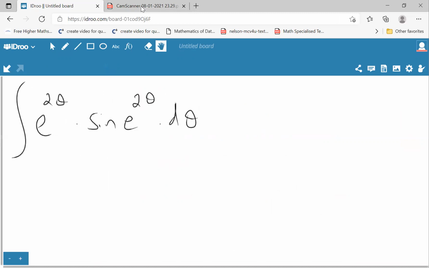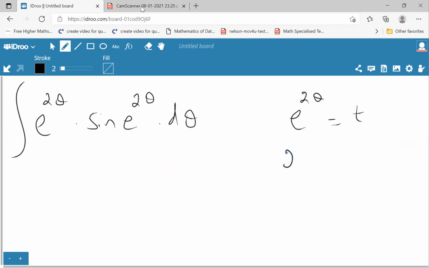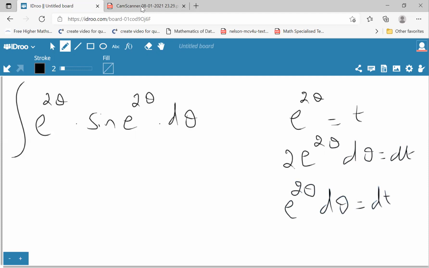This can also be solved by the method of substitution. Let us take e to the power of 2 theta as t. On differentiating on both sides, you get 2 e to the power of 2 theta d theta is equal to dt, or e to the power of 2 theta d theta is equal to dt by 2.